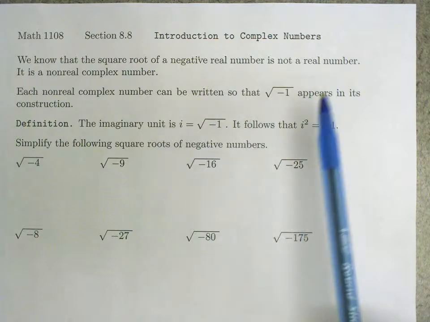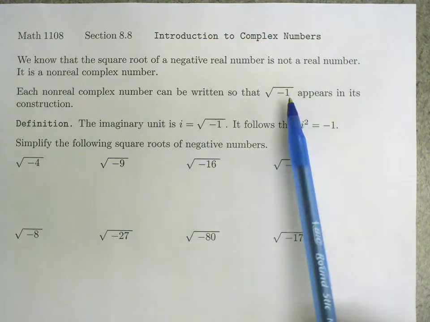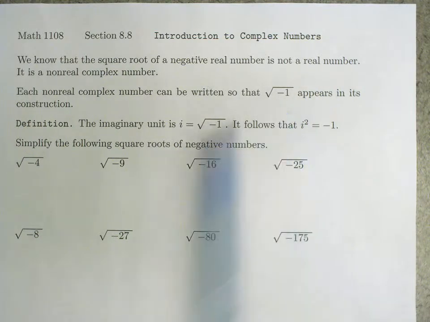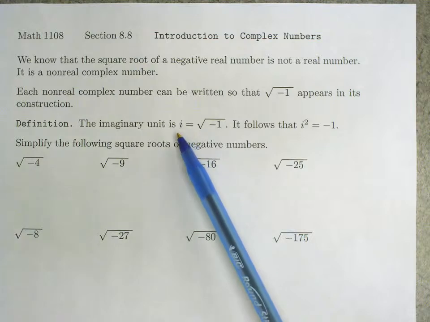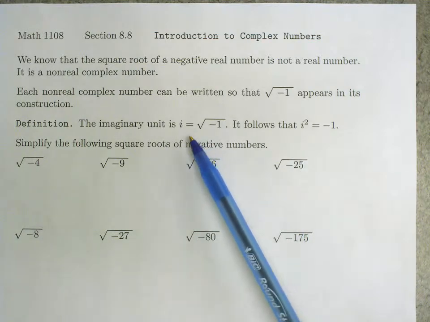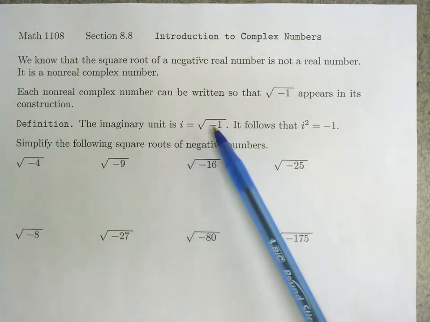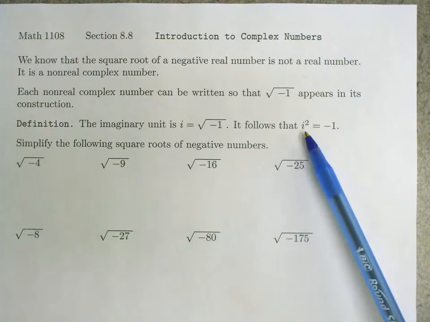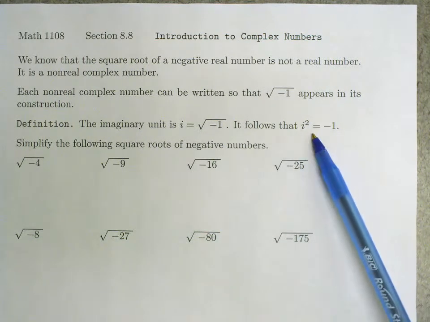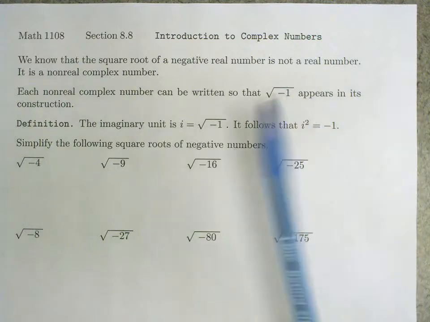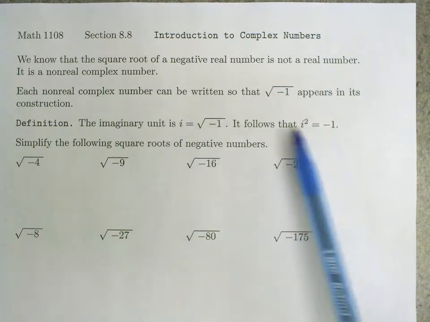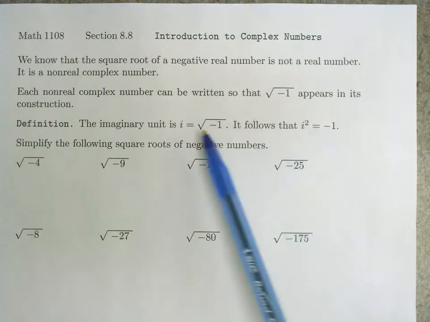It's going to be easier to write i instead of always writing the square root of -1. Since i is defined to be the square root of -1, if you square both sides, it follows that i squared equals -1. Both of these equations are important to remember.